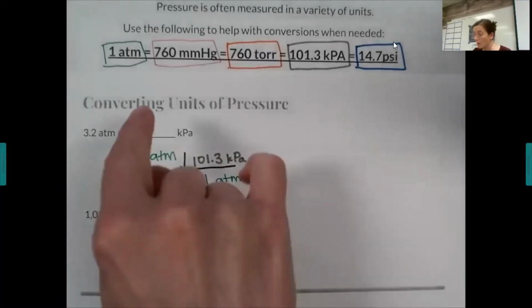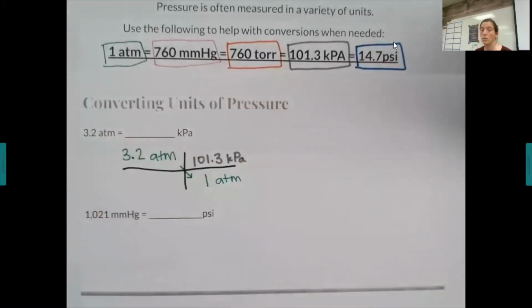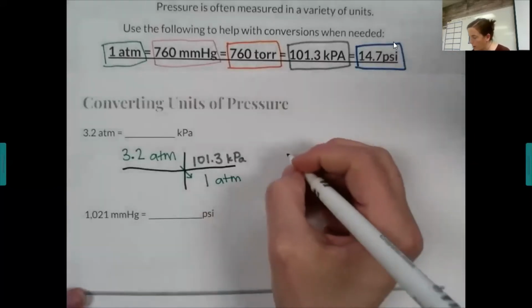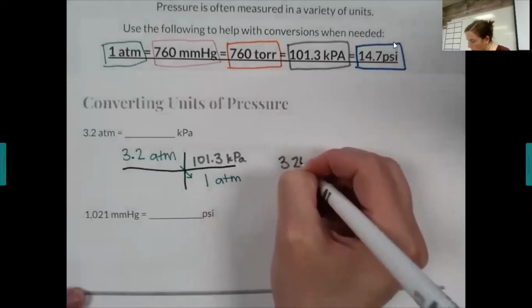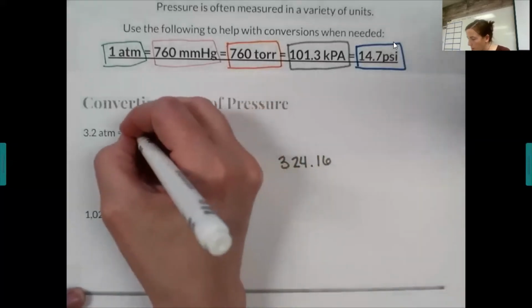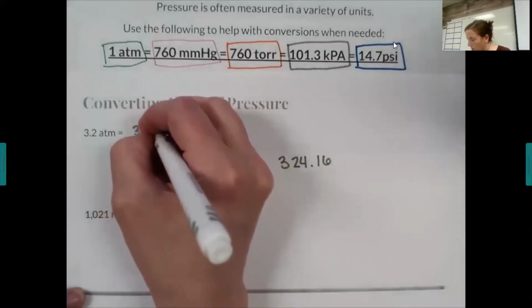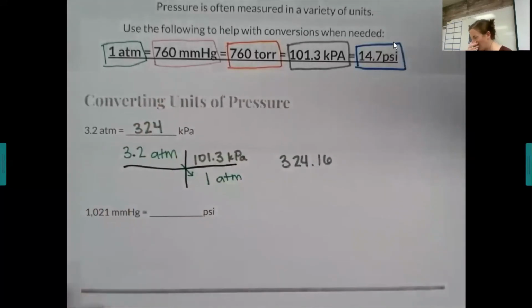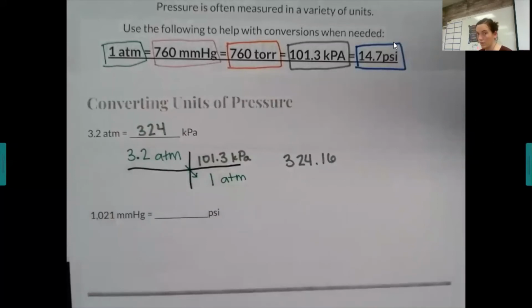For this second step, I use the numbers from up here to go with the units that we have. Since this number is on top, I'm going to do 3.2 times 101.3, and then divide it by 1. When we do that, we get 324.16. For my answer, I'm just going to round it to three digits, so 324 kilopascals.